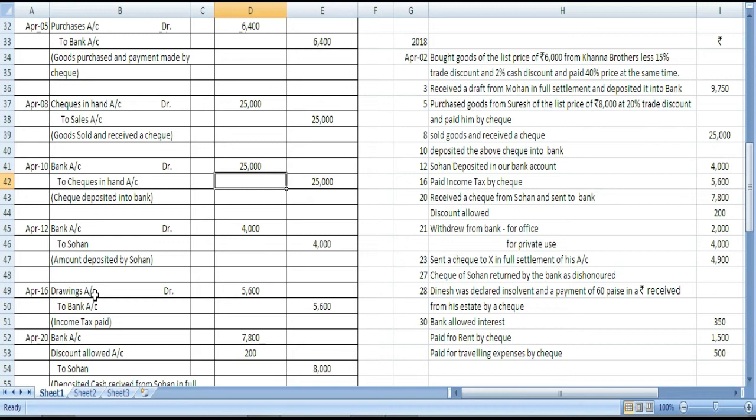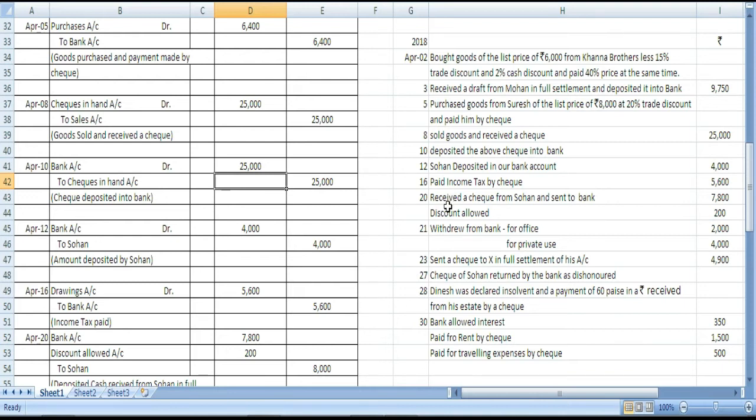If you are paying income tax for someone else, then maybe it will be an expense as income tax, but here income tax is paid for Radhika Traders. So, instead of income tax, we will write drawings account to bank because it has been paid by check, 5,600 income tax paid.